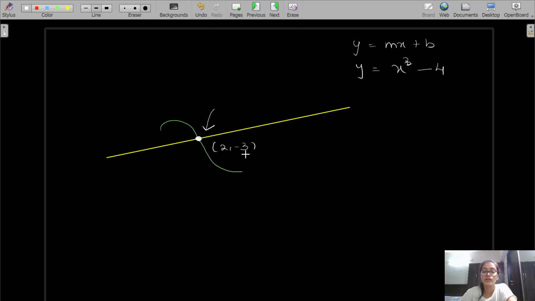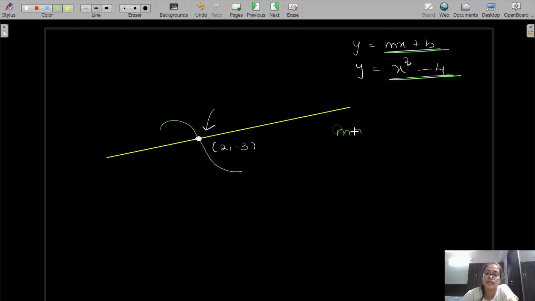So this point will satisfy the equation of the line as well as the equation of the curve. So this actually allows us to set these expressions equal to each other.